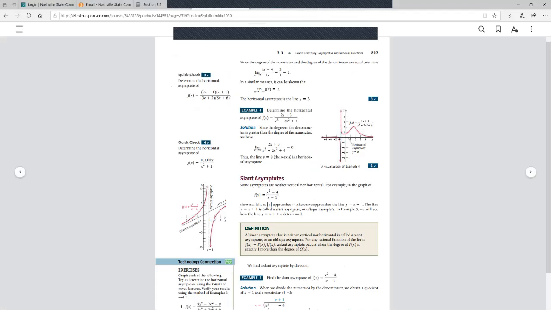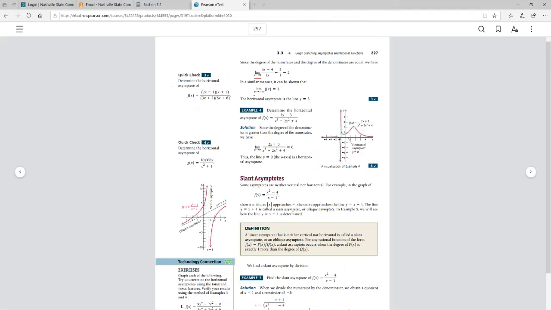Since the degree of the numerator and the degree of the denominator are equal, we are going to evaluate the limit as x approaches infinity and look at the limit as x approaches negative infinity. The numerator has 3x minus 4, and the denominator has x. And we can see that the limit as x approaches infinity ends up being 3.